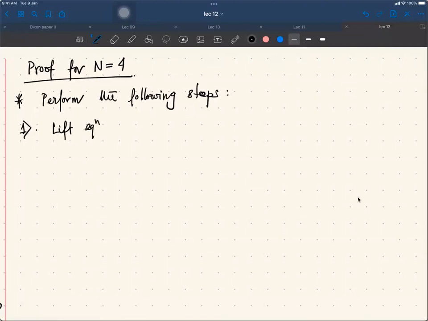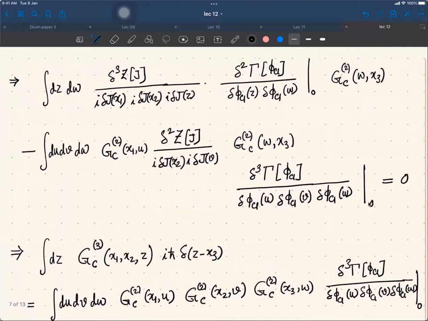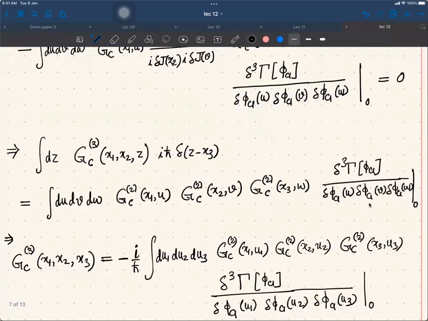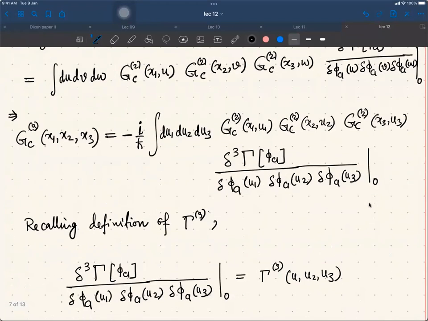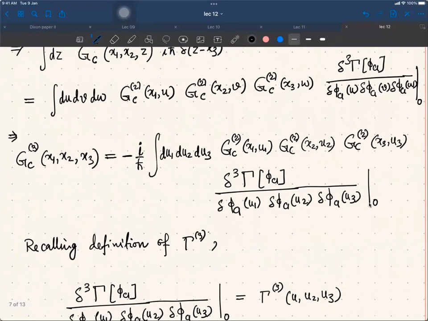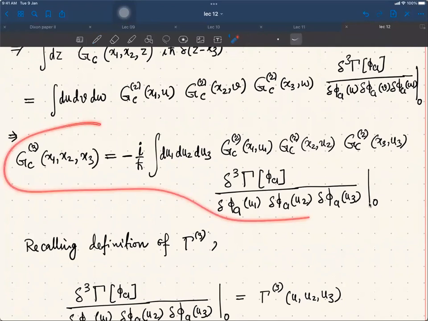Lift equation 1 for n equal to 3 to non-zero j or phi CL. What I mean is that this is the n equal to 3 result, but these results are obtained by setting j equal to 0, phi equal to 0.